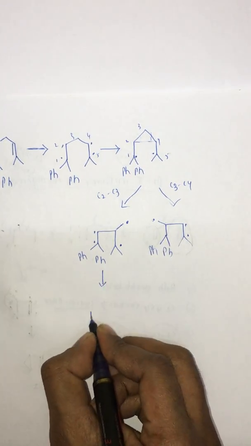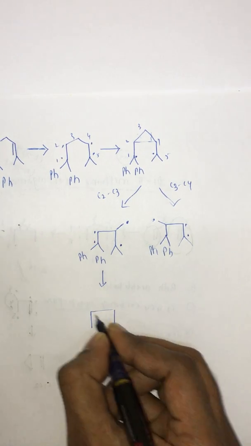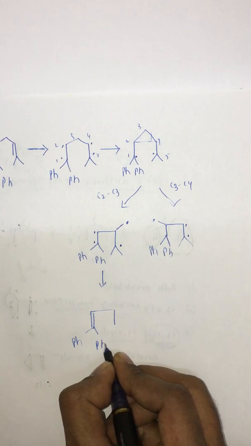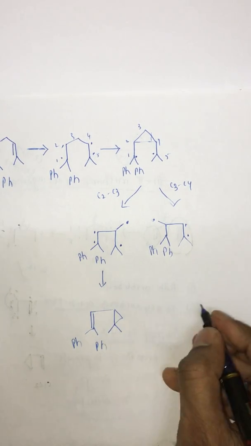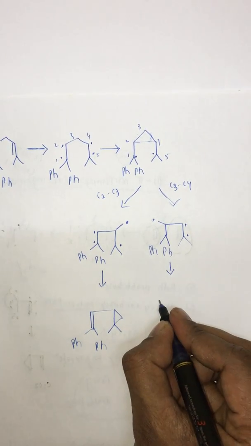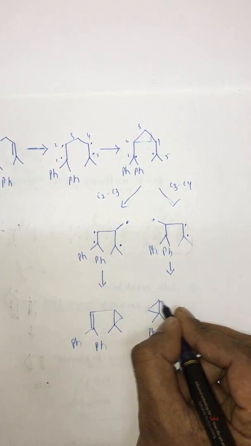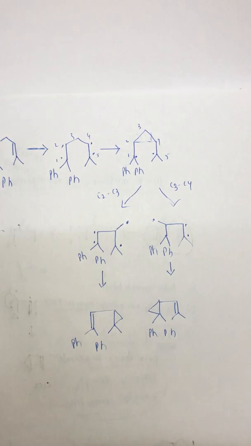Now these two form a double bond here, and this forms a cyclopropane ring, and here these two form a ring here, this one.